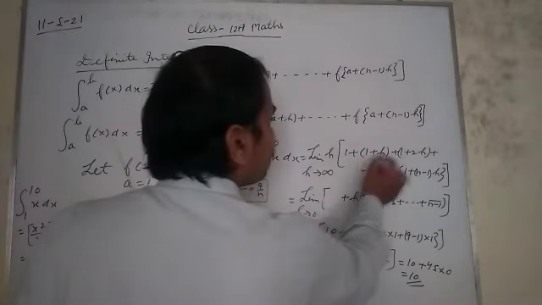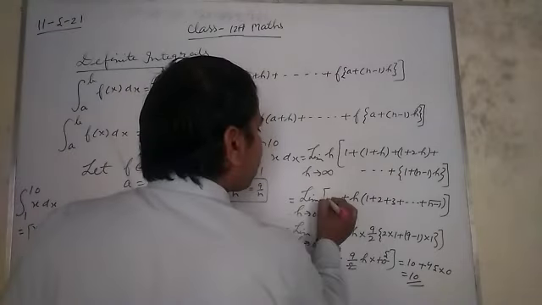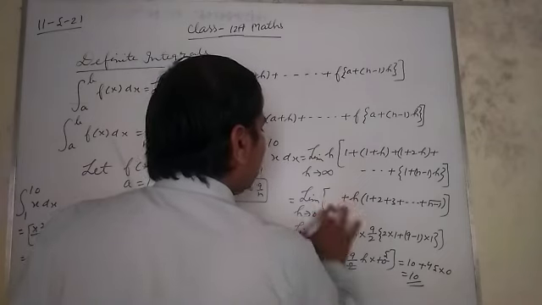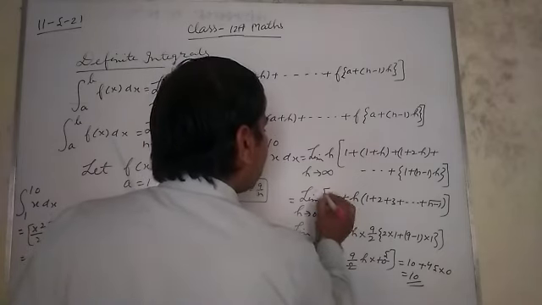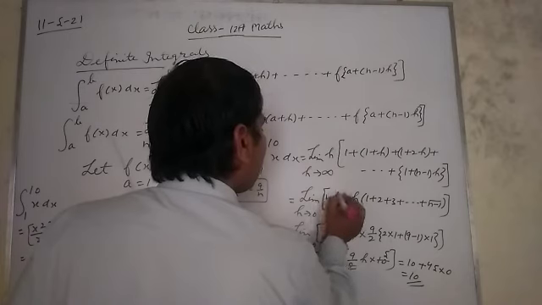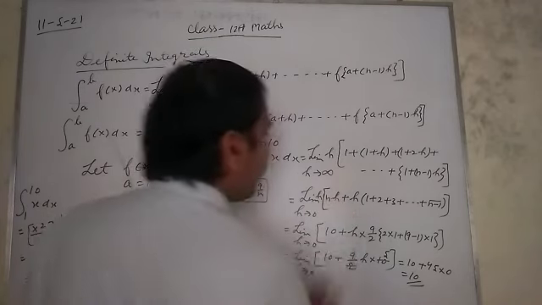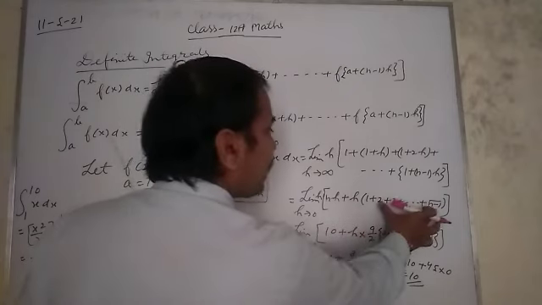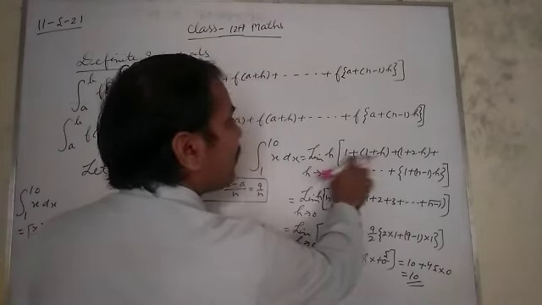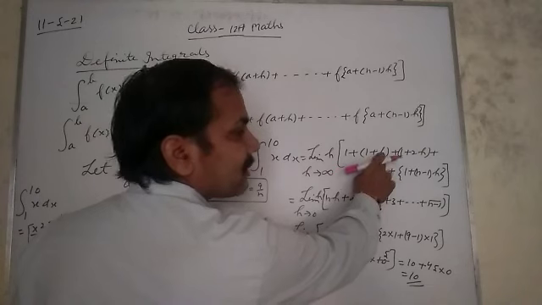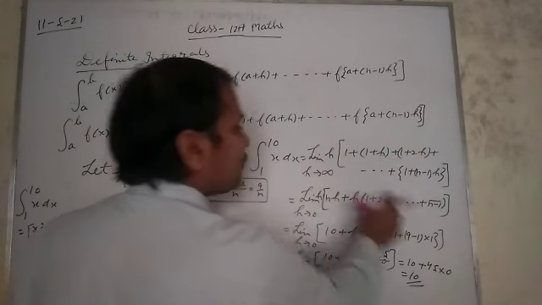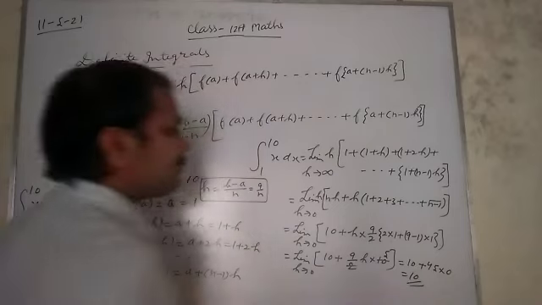So 1 plus 1 plus 1 plus 1, n times, what will be? nh. Here also h is missing, and here h take common. In that, how many terms? Because h starts from here, one term less means n minus 1 terms, and this is an AP.